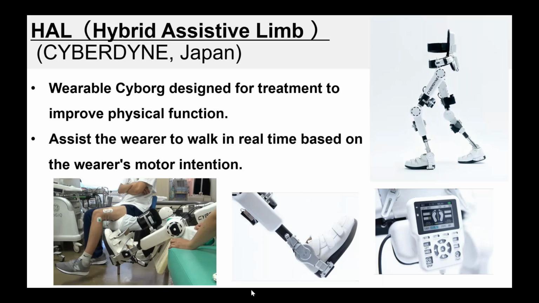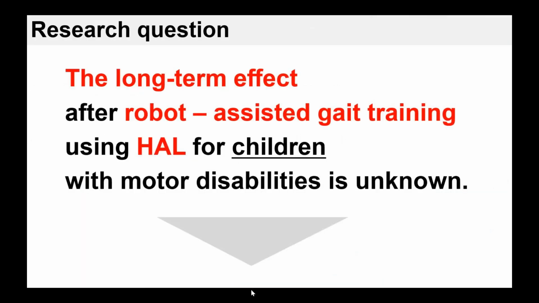The long-term effects of robot-assisted training using HAL are unclear, not only in young patients but also in adult patients. It is also important to clarify its safety and feasibility by long-term follow-ups.